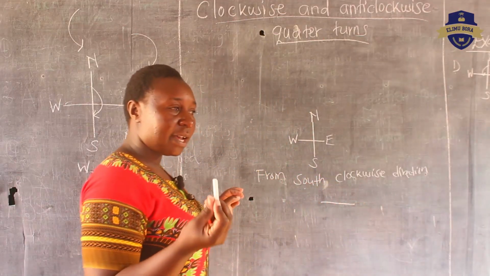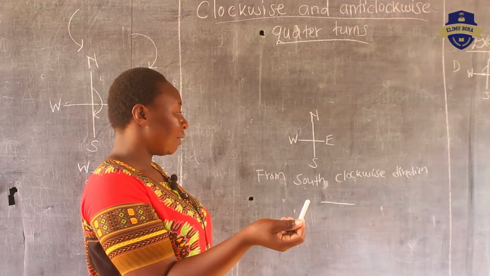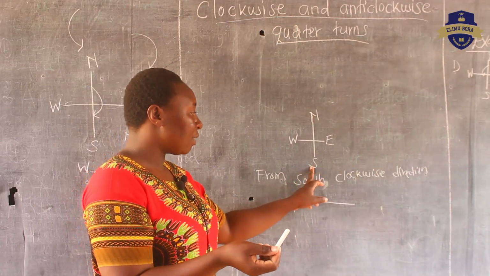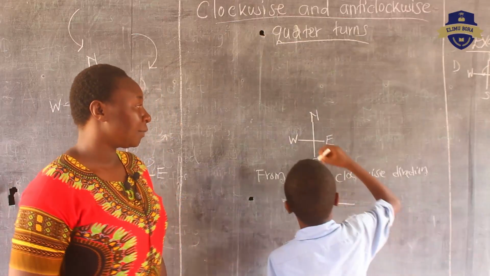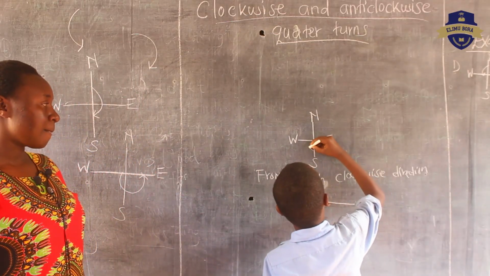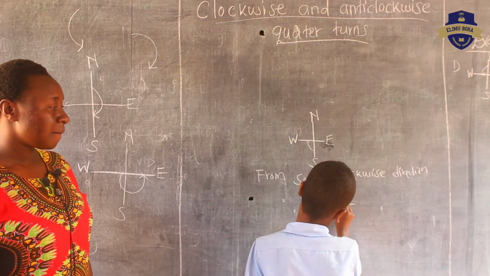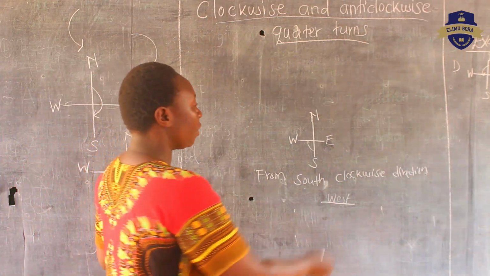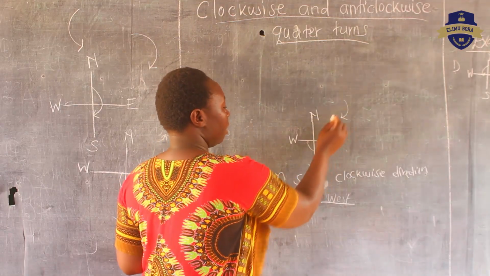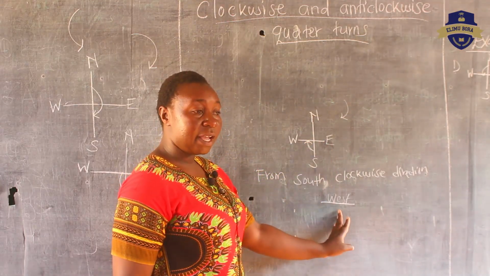Who will come and try? Abdi Malik, you will be standing at the south. Make a clockwise direction, a quarter turn. Has he gotten it? Yes. So the clockwise direction is like this. He has moved from south and now he is facing west.